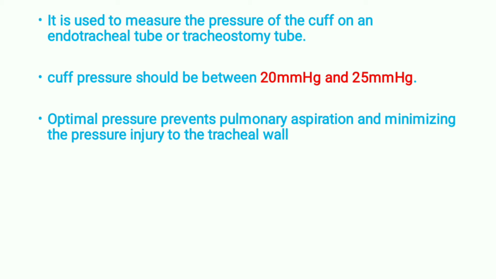The cuff pressure should be between 20 mm Hg to 25 mm Hg. The optimal pressure in the cuff prevents pulmonary aspiration and minimizes pressure injury to the tracheal wall. So friends, to prevent pulmonary aspiration and minimize pressure injury to the tracheal wall, we need to keep the cuff pressure between 20 mm Hg to 25 mm Hg.